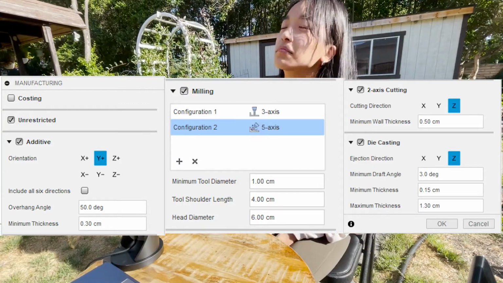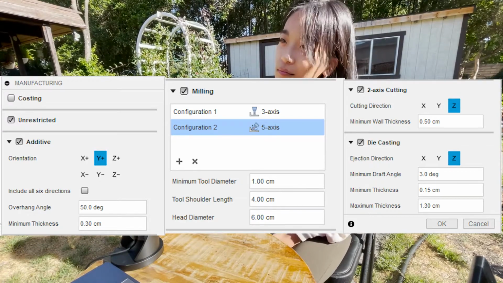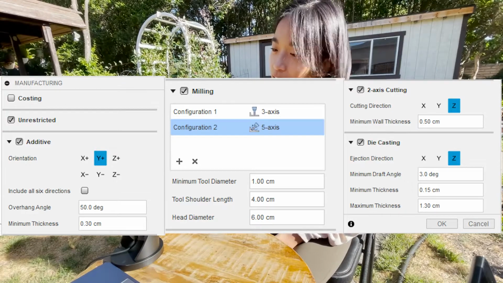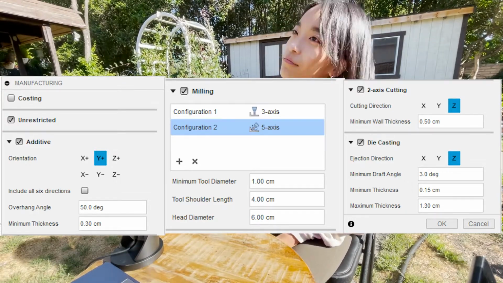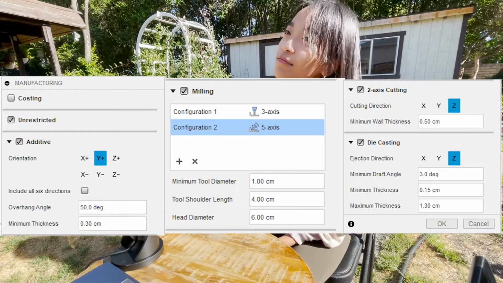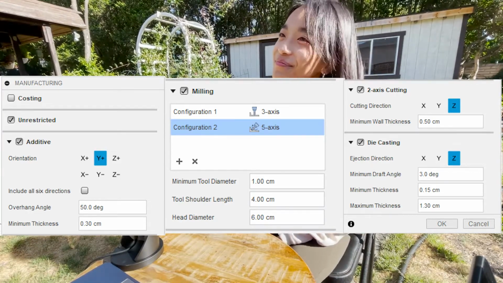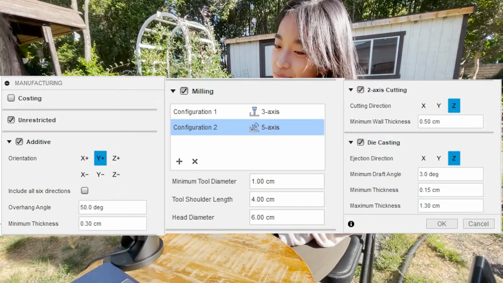Sometimes parts generated by topology optimization aren't physically possible to make in the real world. With generative design, you can select different materials and different manufacturing methods, like 3D printing or milling, and that makes the design and manufacturing process a lot easier and more streamlined.